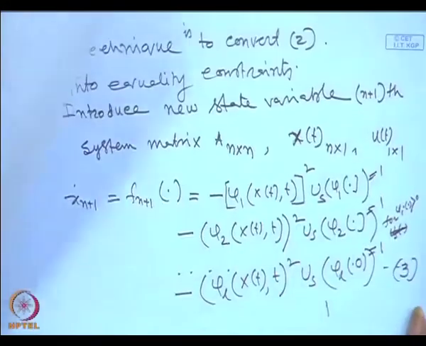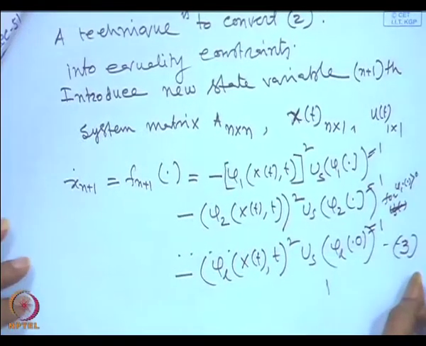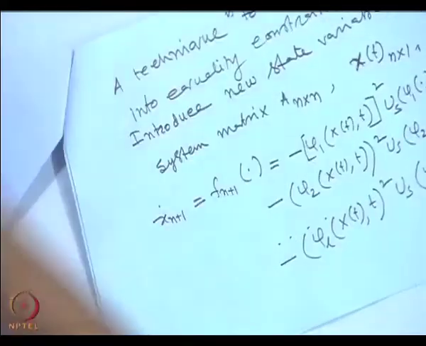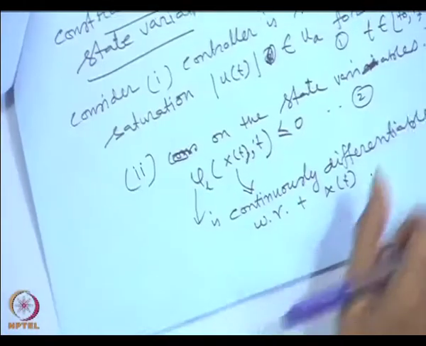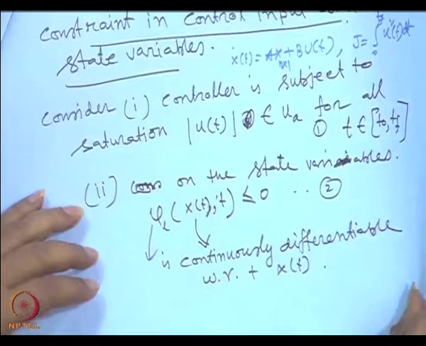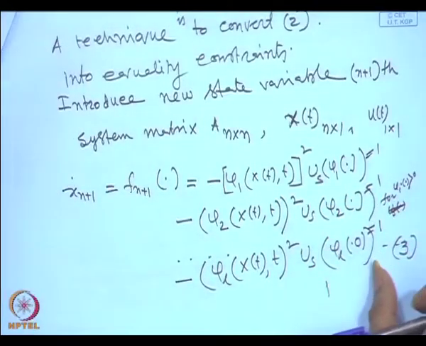Then, one of the simplest techniques for this formulation is to introduce a new variable. If the number of states in the system is n, we introduce one additional variable, the n plus 1th state variable.